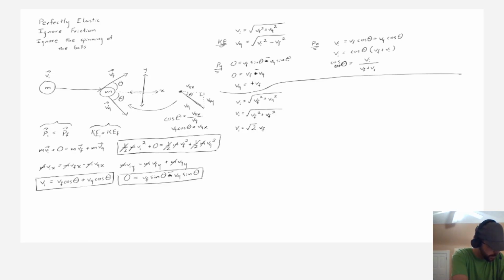Velocity final minus, that should be minus velocity initial. One second. Velocity initial over velocity final minus velocity initial.